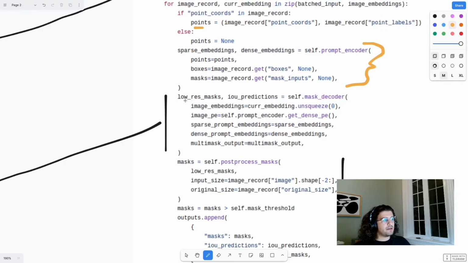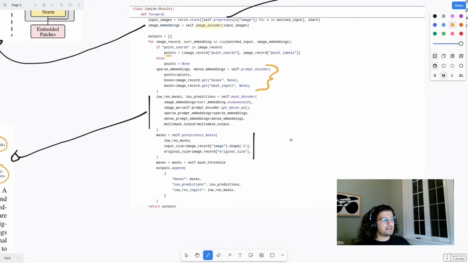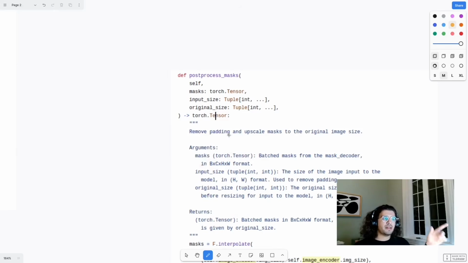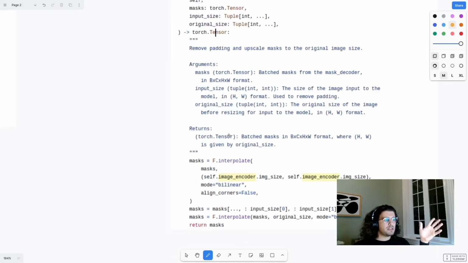So this is what we get out, the mask and then the IOU. Here this is low resolution, and we're going to post-process them to upscale them back to what they were supposed to be. So this is the post-process mask, which is over here. You give everything. So remove the padding and upscale to the original image size, with an interpolate function call here to do just that.